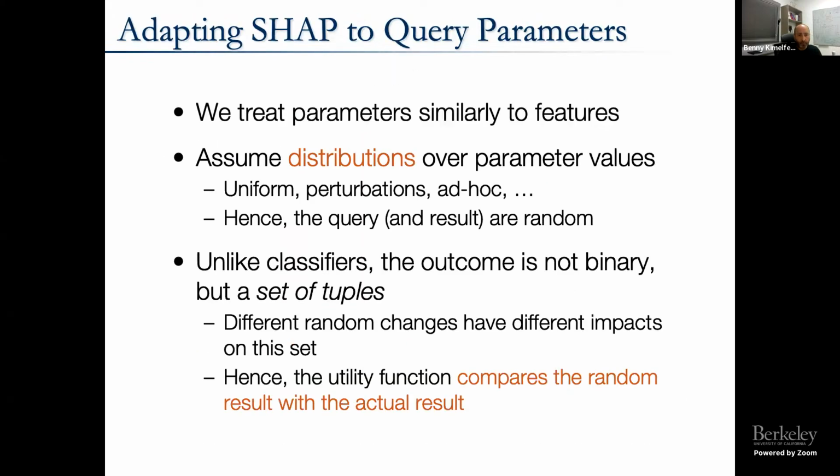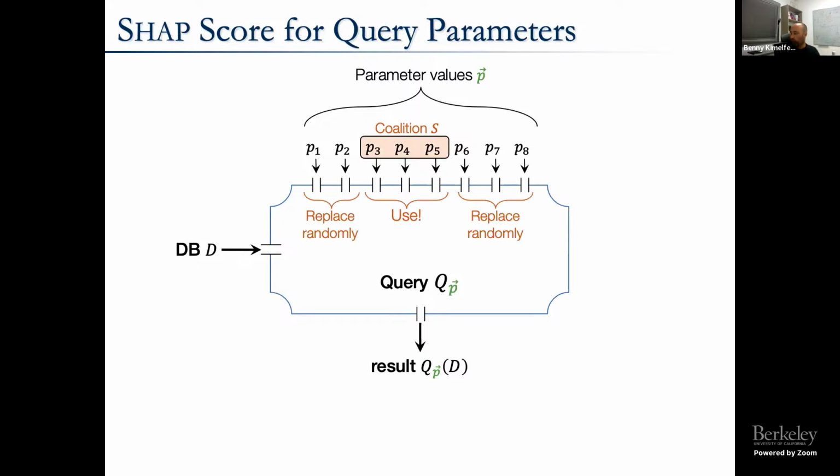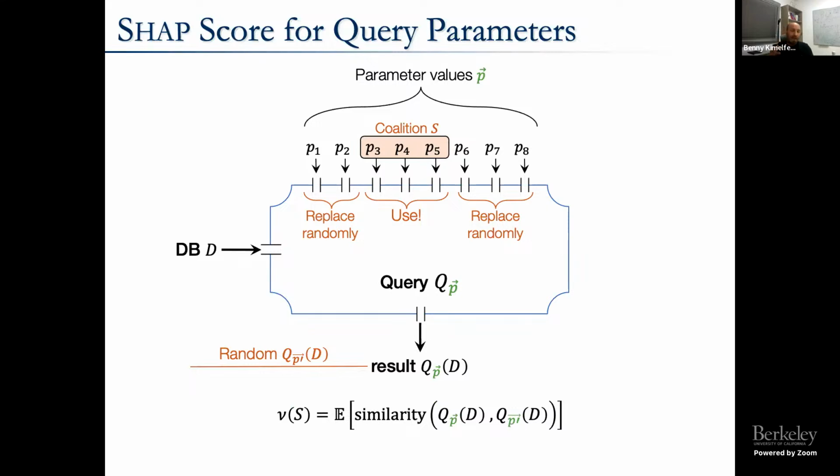And we do the same with parameters. We now have a query with parameters, QP, and a database, and it gives us a result. Given a coalition, we use these parameters and we replace the others randomly. Unlike classification or regression, now the random result is a set of answers, and different changes can cause a different change of the result in the set of tuples.